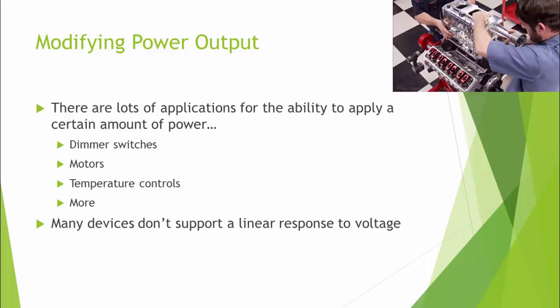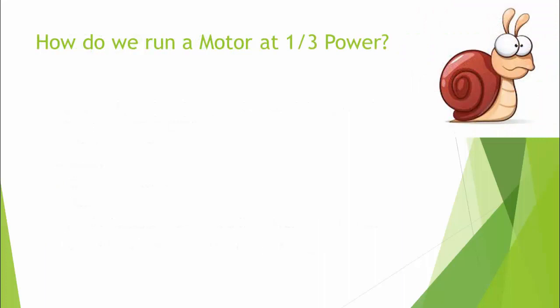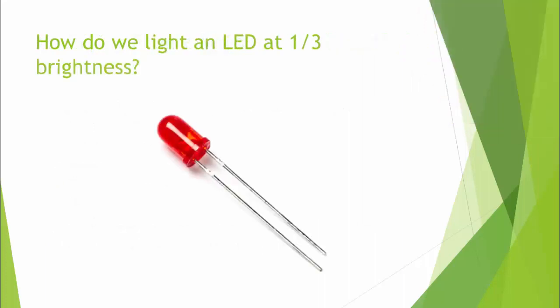Now, we have a further complication that many of these devices don't support a linear response to potential. Combine that with the Arduino not producing a range of voltages and we've got a problem. How do we run a motor at 1/3 power? How do we light an LED at 1/3 of its maximum brightness?